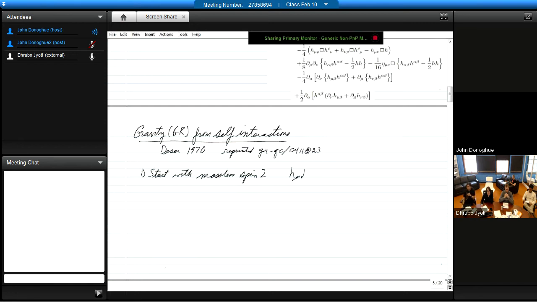Okay, you find the Lagrangian for that, a consistent Lagrangian for h mu nu. But then, you couple it to energy and momentum.